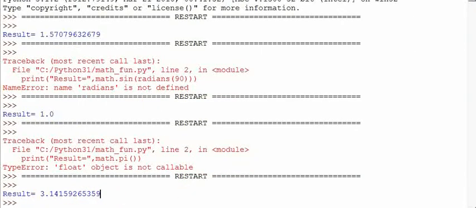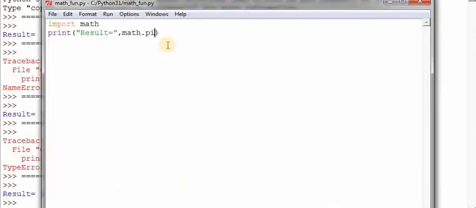So for example, if you want to find the area of a circle, what is the area of a circle? Obviously pi r square. So how can we use the value of pi? Write down pi r square. For example, area of circle equals pi r square.